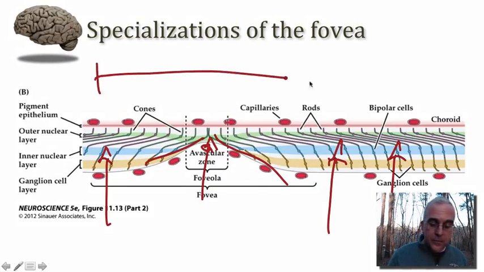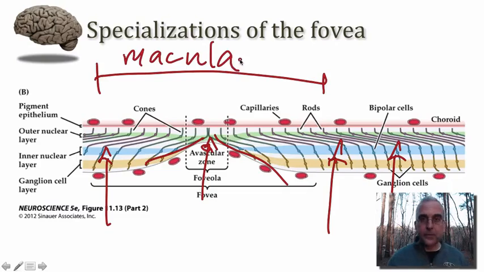And what I'm referring to is the degeneration of this part of the retina that's also called the macula. That means spot or yellow spot, macula lutea. So the macula is at the center of our retina, and the fovea is at the center of the macula. So when this degenerates, we lose the ability to see right in this central part of vision.